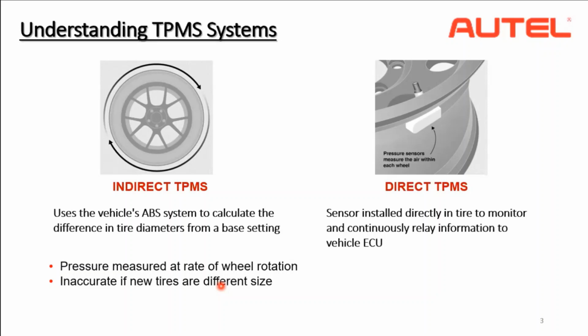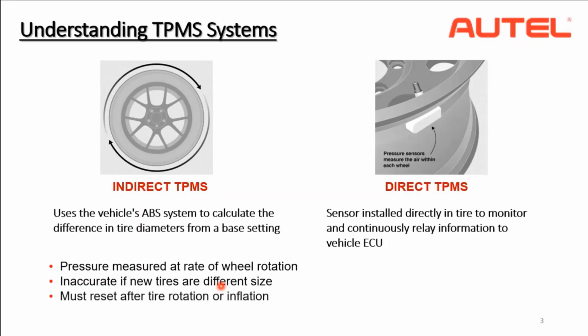So once the ABS wheel speed sensor takes the data from a wrong revolutions per second, it calculates differently. So definitely the air pressure calculated by the ABS wheel speed sensor in the indirect system won't be accurate in that case.